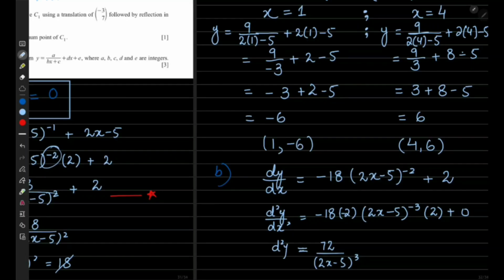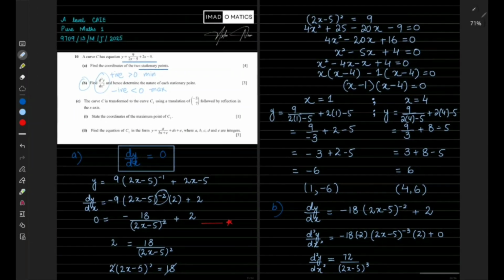Now we will use this second derivative and substitute our x values to know where it is maxima and where it is minima.